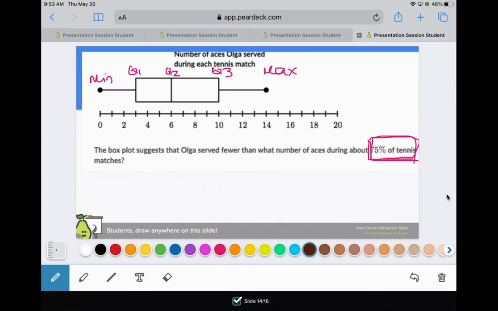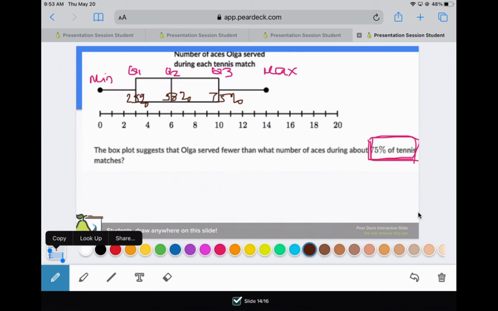Okay, Q3. I'm going to remind those of you who don't remember: Q1 is 25%, Q2 is 50%, and this one is 75%. So when we talk about 75%, we talk about Q3.